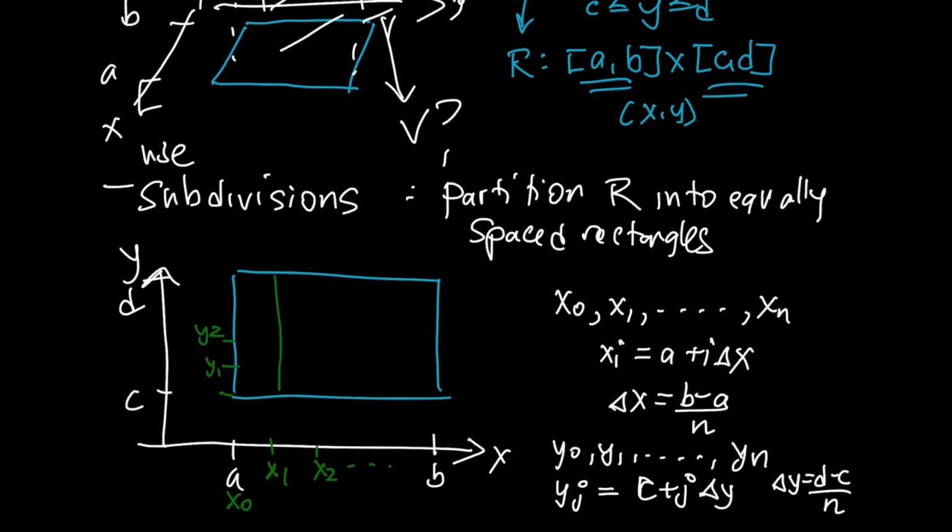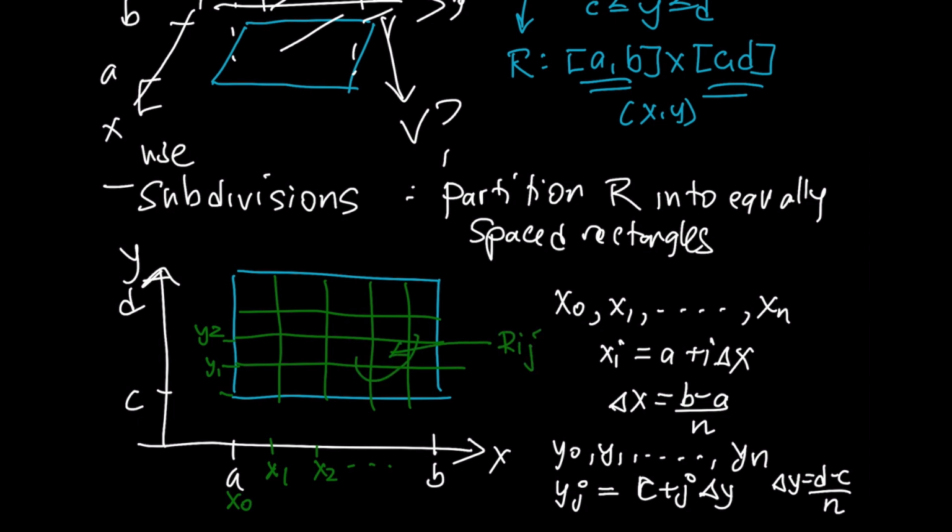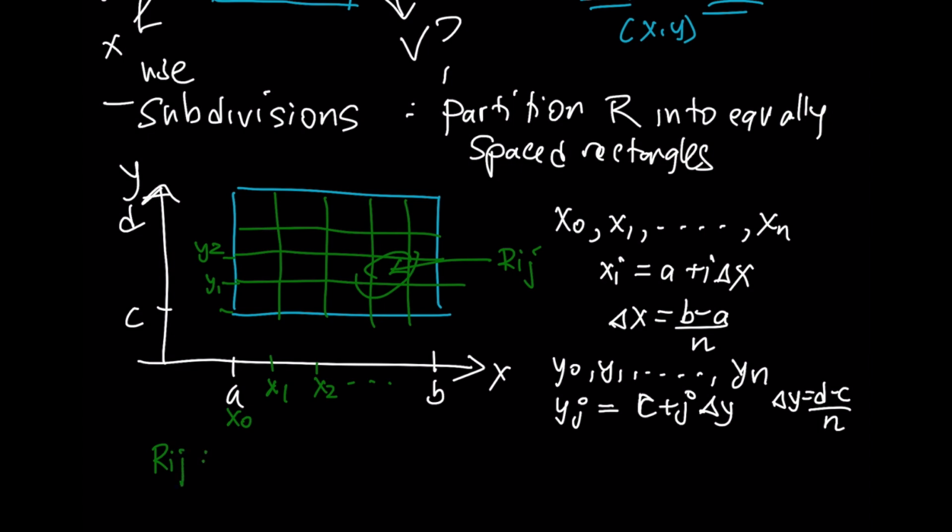You can see what will end up happening is we will make a grid of all of these rectangles here. Some arbitrary rectangle here is the rectangle Rij. Now we can think of this rectangle Rij as the Cartesian product between all the points between x(i minus 1) and xi, and y(j minus 1) and yj.